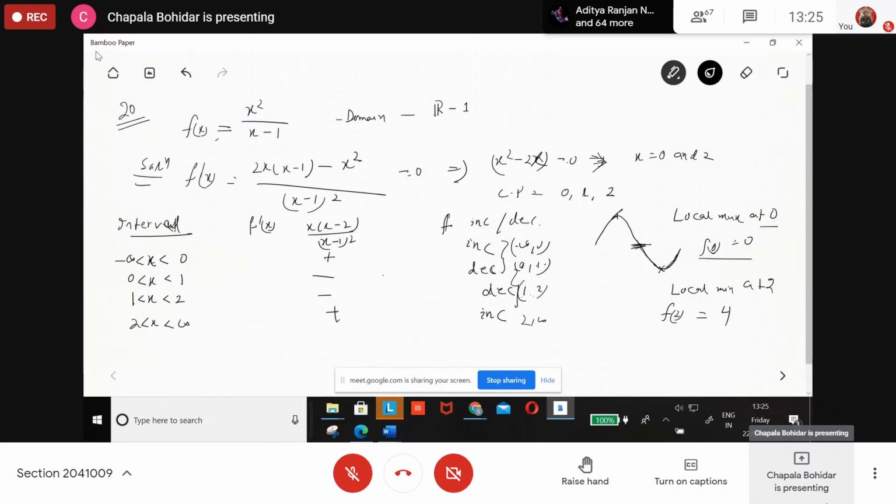So f dash c does not exist, but it is also written here that c is in the domain of f.